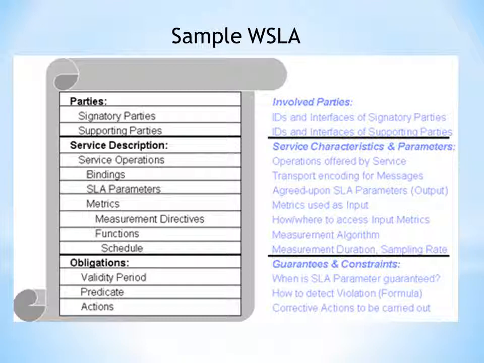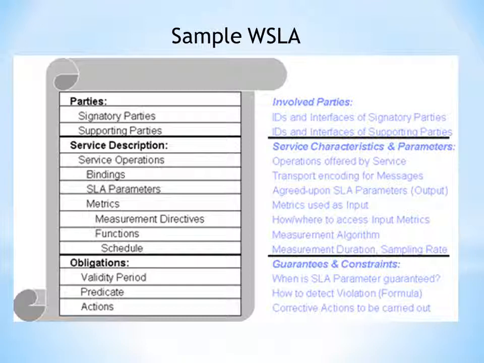The final section will be obligations. Any guarantees or constraints that are laid out in the WSLA process. For example, what is the validity period? When is the SLA parameter guaranteed, or how long is it guaranteed? Next is the predicate.